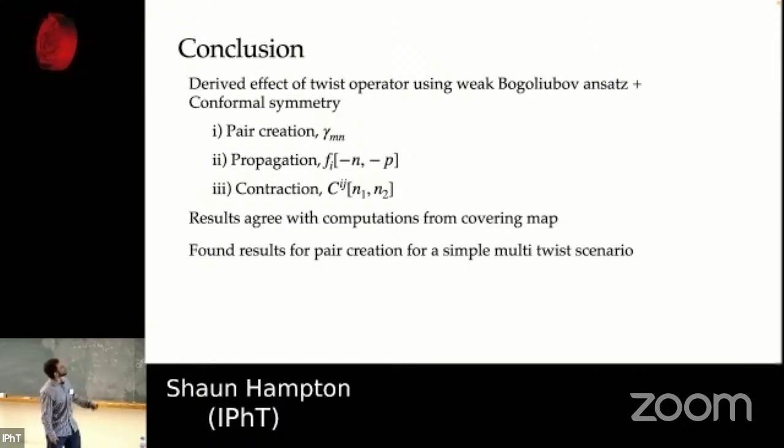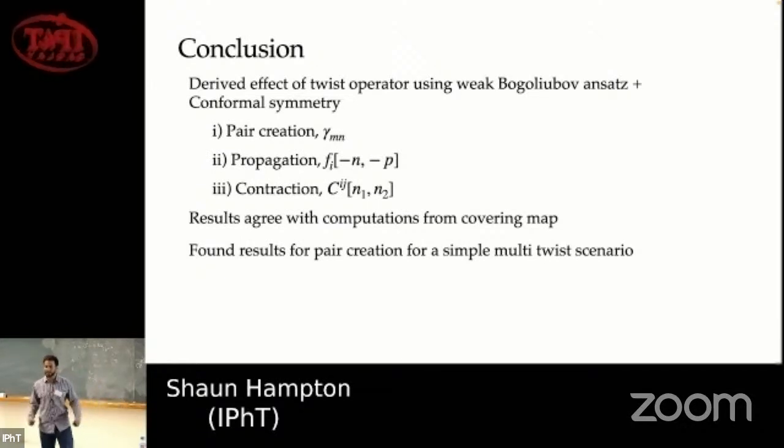So this is just to conclude. What we've done is we've derived the effect of the twist operator using what we call the weak Bogoliubov ansatz, and conformal symmetry. We've used the Virasoro algebra to reproduce the effects which are known for one twist. And so we've computed pair creation, propagation, and contraction.